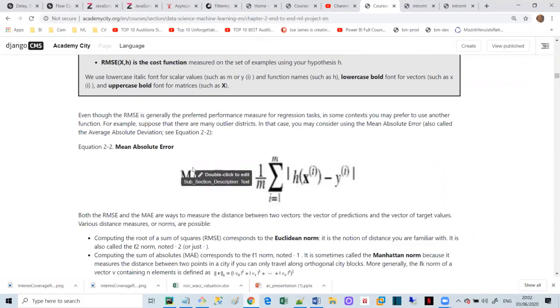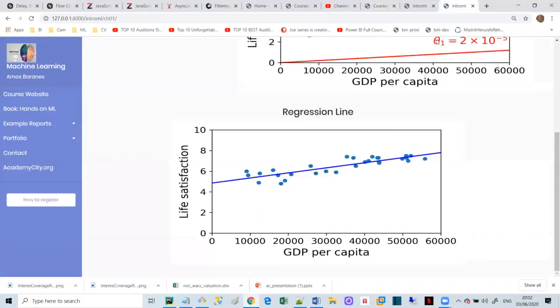Now, why might people like that one? Pay attention: with the first method, the mean square error, if I have a point which is far away from the line, it gets a bigger weight, because you take that amount and square it, and it becomes an even bigger number.